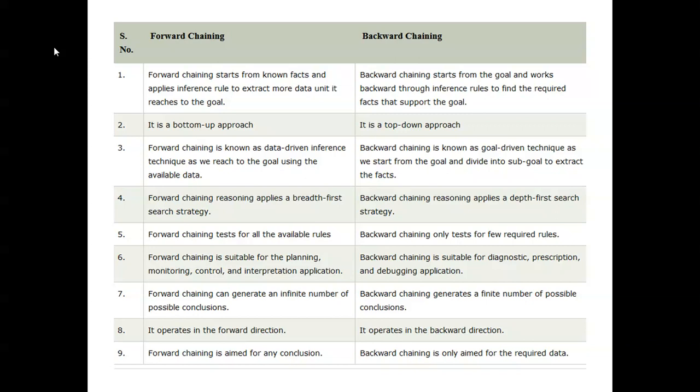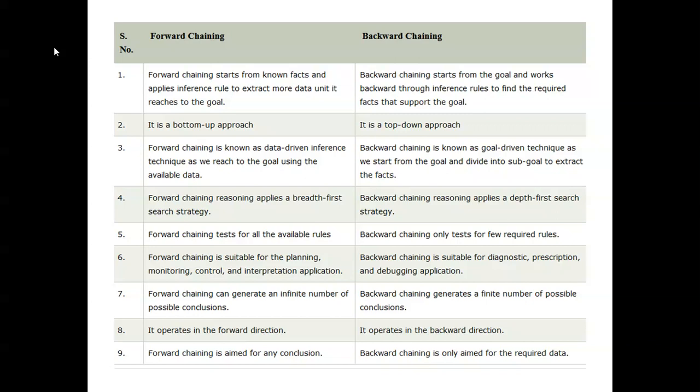Forward chaining is a bottom to up approach, while backward chaining is a top to down approach. Forward chaining is known as data driven inference, and backward chaining is goal driven, dividing the goal into sub-goals to extract the facts. Forward chaining applies a breadth first search strategy, and backward chaining applies a depth first search strategy.